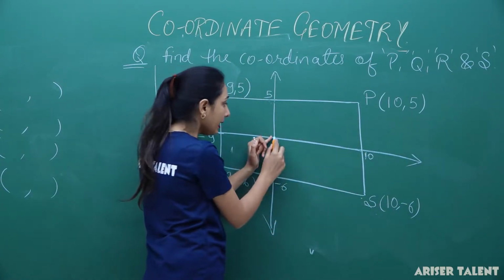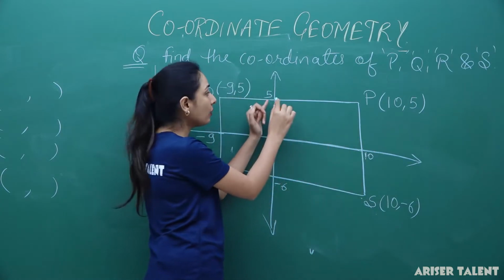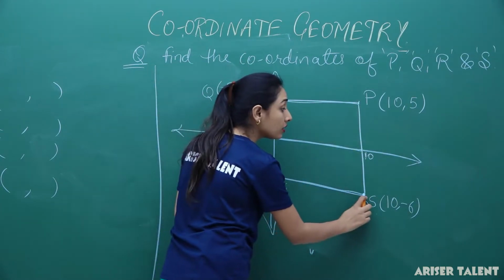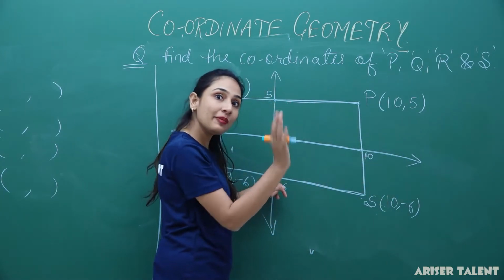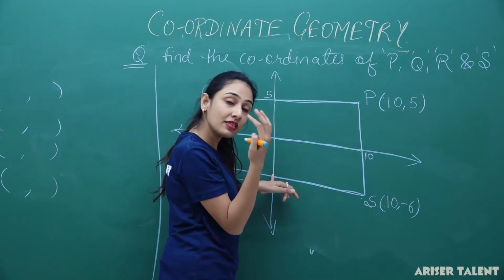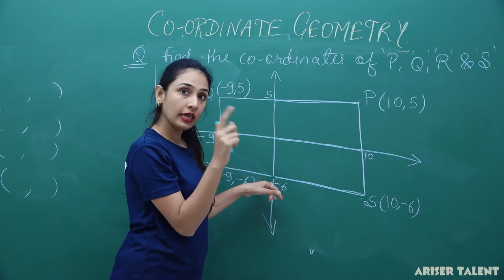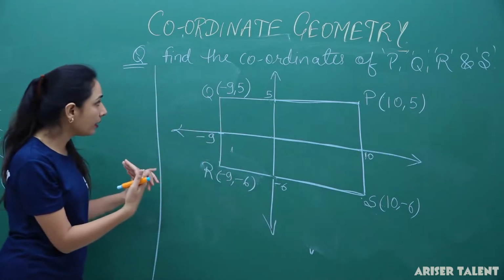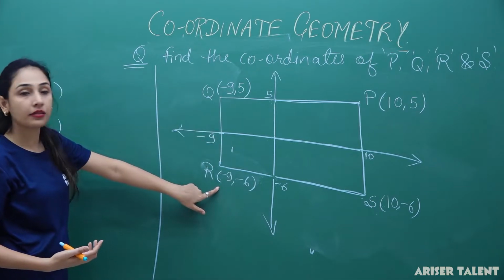That means if I walk from here to this length, that is exactly equal to when I walk from this to this, and when I walk from this to this. So here I'll be having the same axis of y, because it's a rectangle, or if it's a square, that will be equally applicable in the case of a square also. Now come here, you are having this -9, same here.